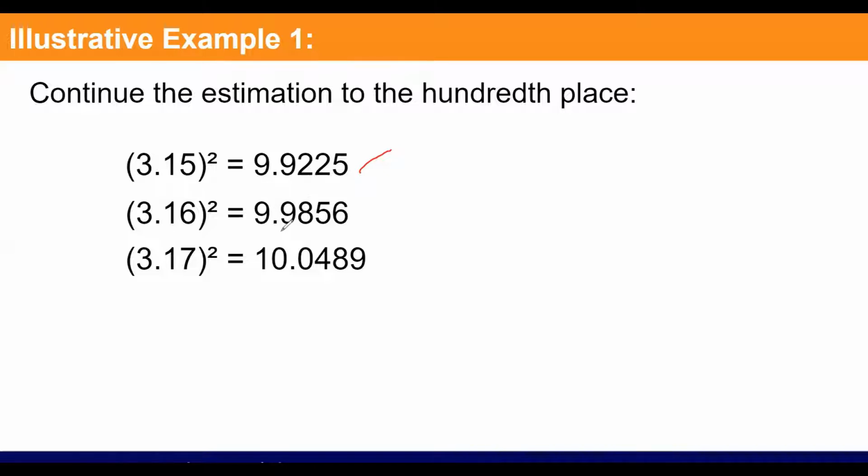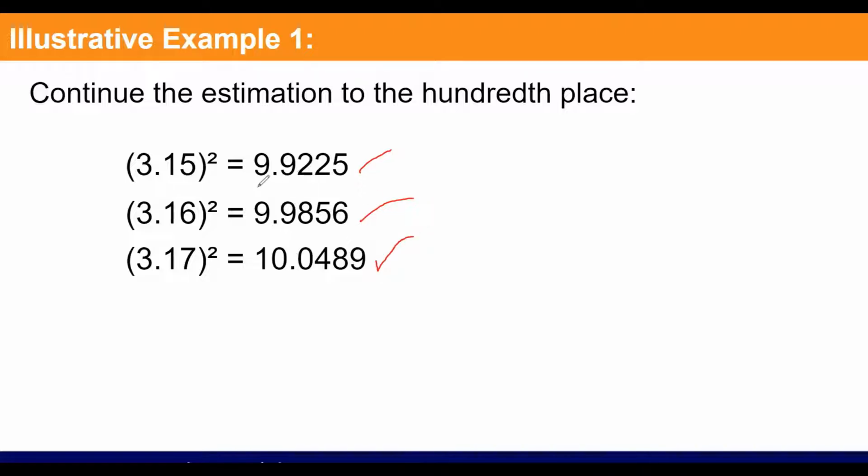So, ang sagot po ay 9 and 9,856 ten-thousandths. Another, 3 and 17 hundredths multiply by itself. Ang sagot ay 10 and 489 ten-thousandths.